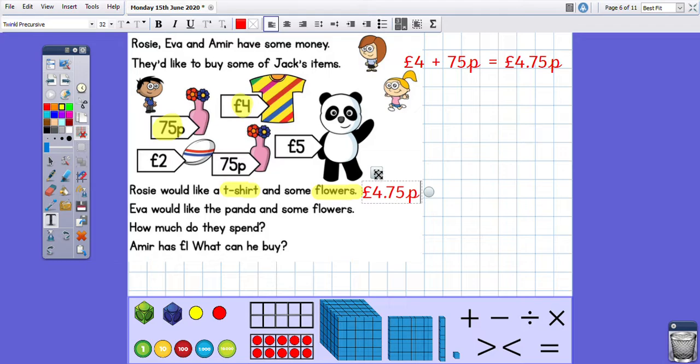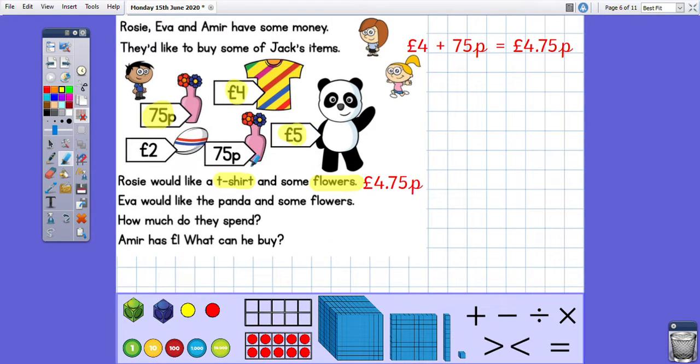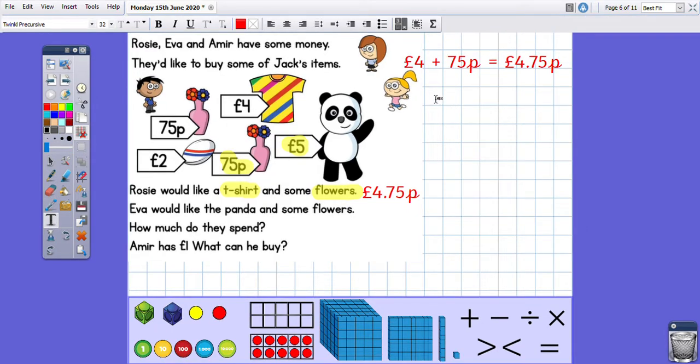Eva would like the panda and some flowers. So this time we need to add £5 for the panda and 75p for the flowers.